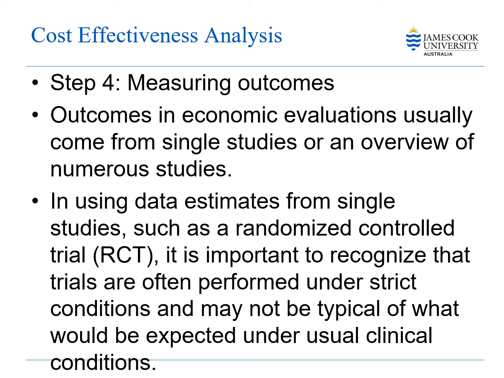So we conduct this RCT, compared with the control group, the treatment group using this new treatment has 2 patients live 2 more years, and these 2 more years are used as the outcomes for our analysis.